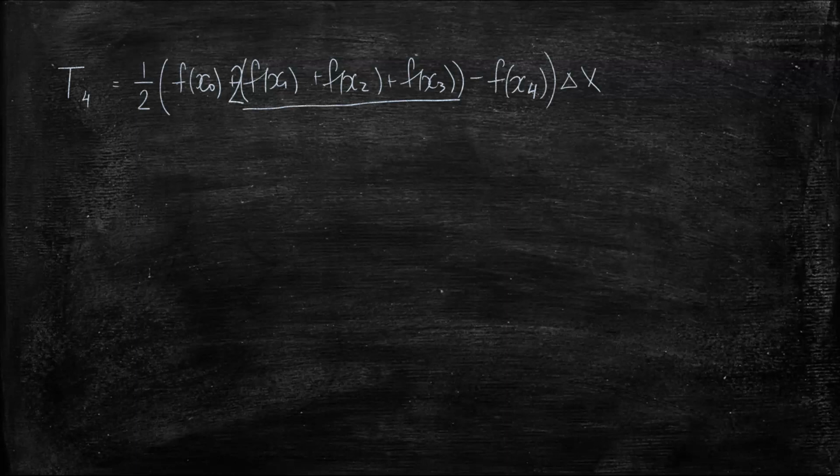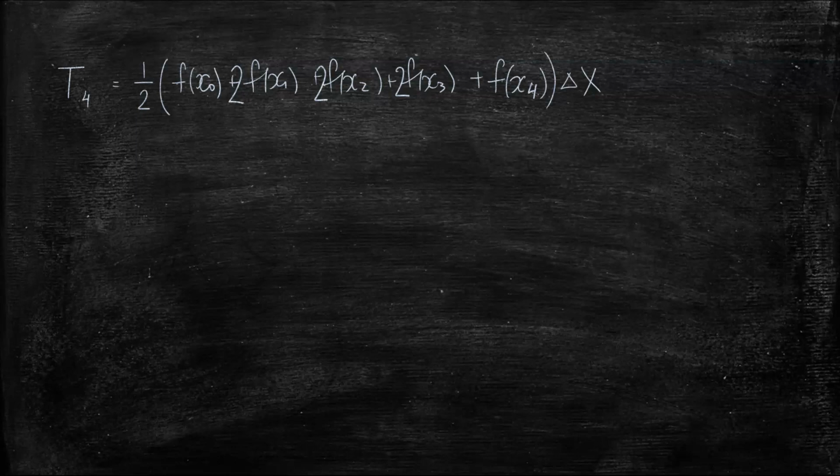And then we multiply it by delta x. Frequently, just to make it easier to remember, we don't put this parenthesis inside of the parenthesis, we just double every entry inside of those parentheses.